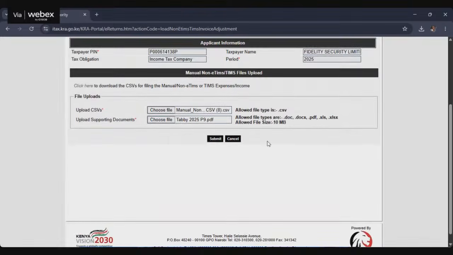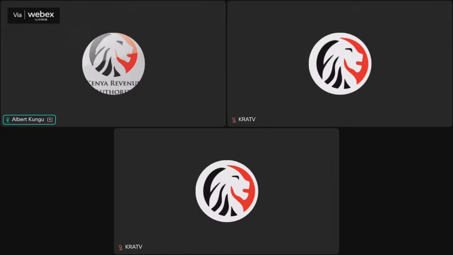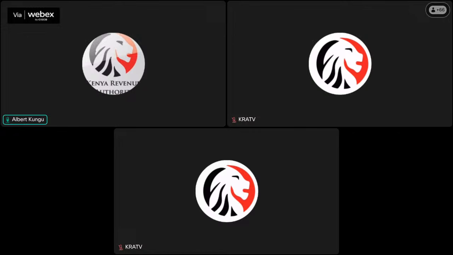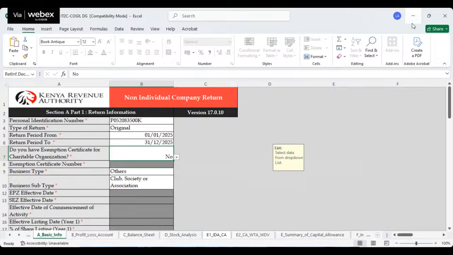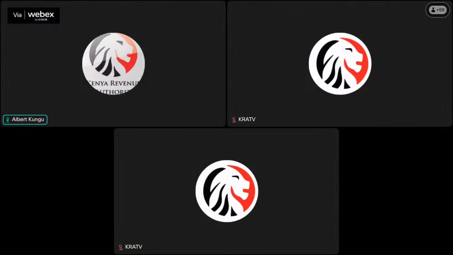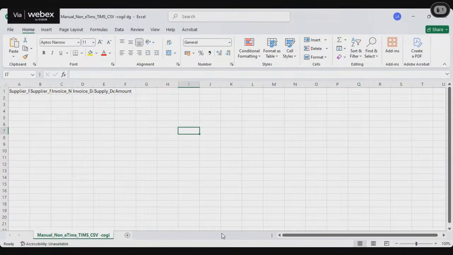This will apply when we want to claim the invoices that have not been supported by eTIMS. Okay, so I want to project the Excel there. Remember I told you there will be an Excel to be downloaded. So I want to share the Excel. Sorry, this is not the Excel. Okay, please confirm whether you are able to see the Excel.